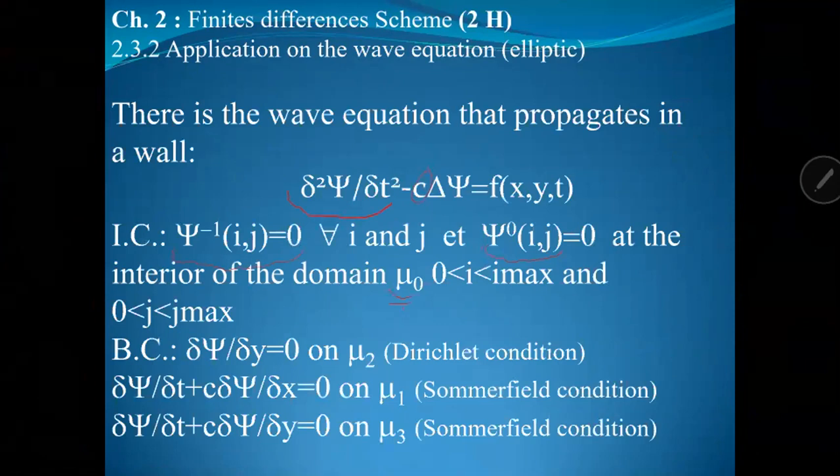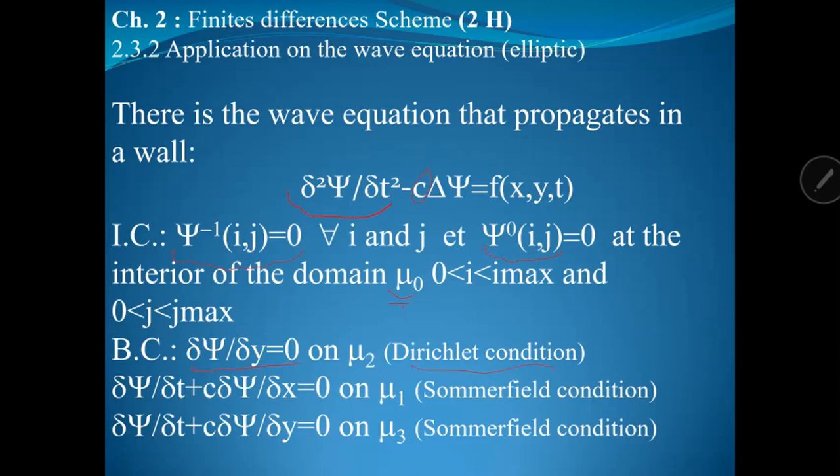Boundary condition now. We have d psi over dy equals 0, which is called Dirichlet condition, because it is adiabatic, adiabatic of waves.